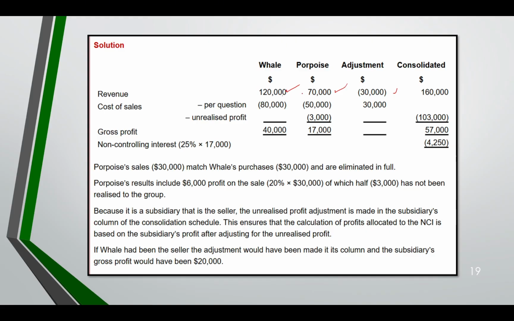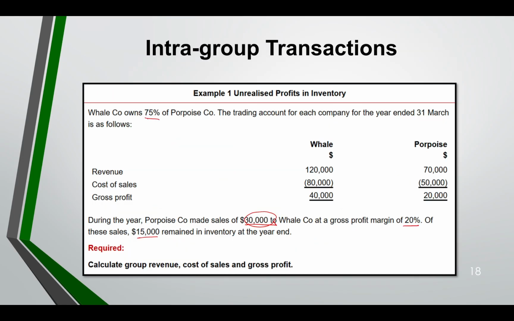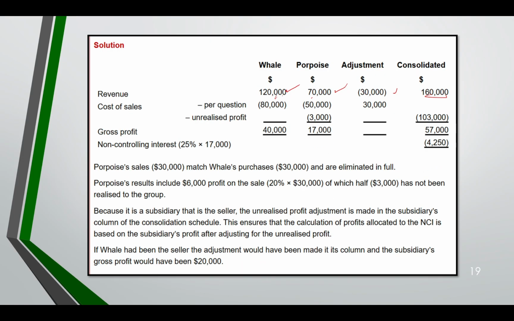And once you take the total of this 120 plus 70 minus 30, it is 160. Then cost of sales, it is 80 and 50. From this cost of sales, you will add this 30. Remember, it's an addition. Then unrealized profit. Unrealized profit you have to find out, right? How do you get that unrealized profit?